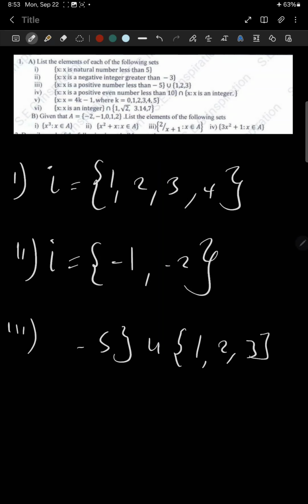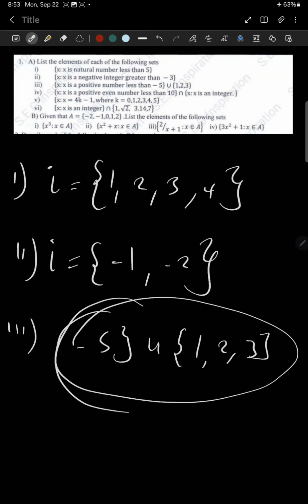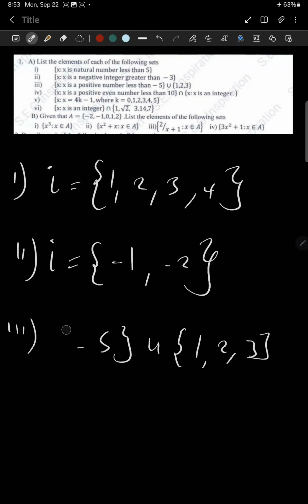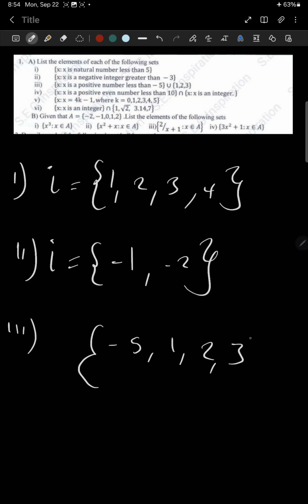So a positive number less than these. What is a positive number which is less than this? Okay, don't let this confuse you. In other words, this can be a set like, for example, -5, 1, 2, and 3. Okay, this is a set, right?